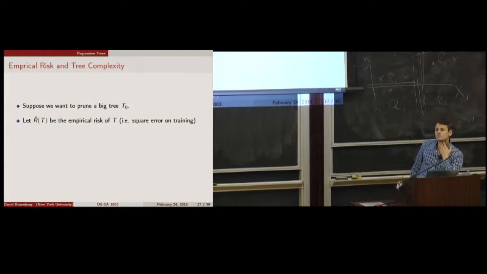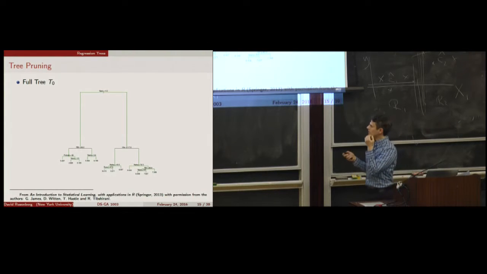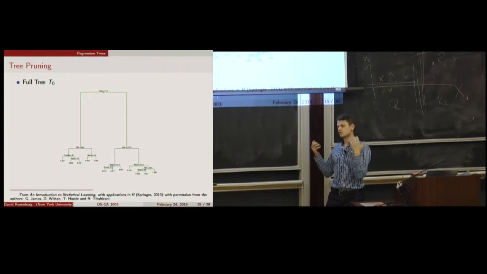Sorry, subtree should end up in leaves. Can you say it again? Subtree should end up in leaves. A subtree takes these internal splitting nodes. I mean, every tree always ends up in leaves. No, okay, I mean the internal ones. If it ends up with the internal ones, it's still a subtree.